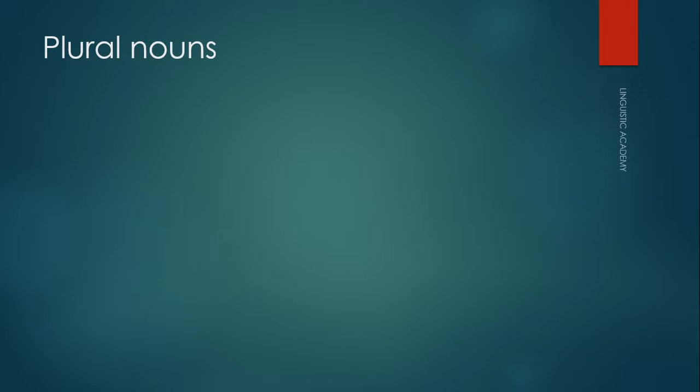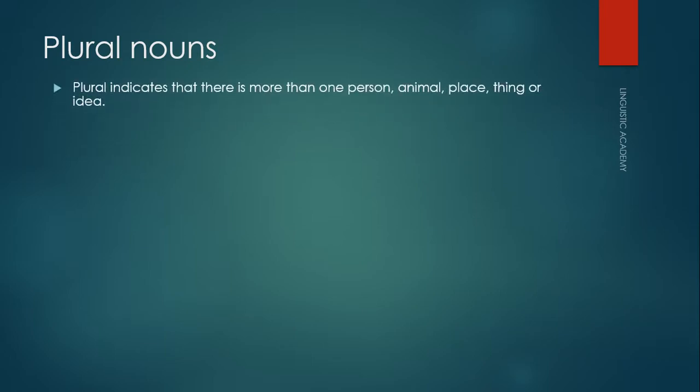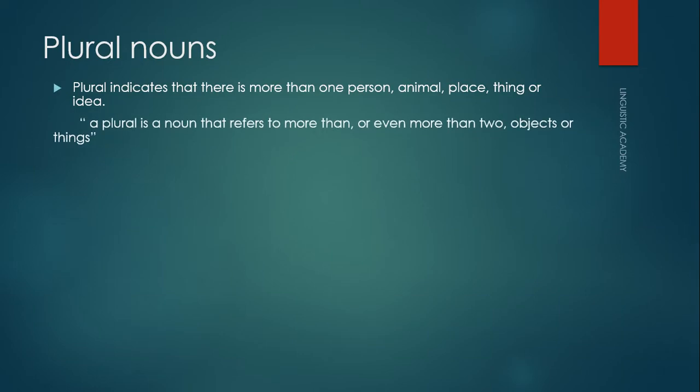Plural nouns. Plural is opposite to singular nouns. Therefore, it indicates that there is more than one person, animal, place, thing, or idea. When we define plural properly, we say that plural noun is a noun that refers to more than one or even more than two objects or things.